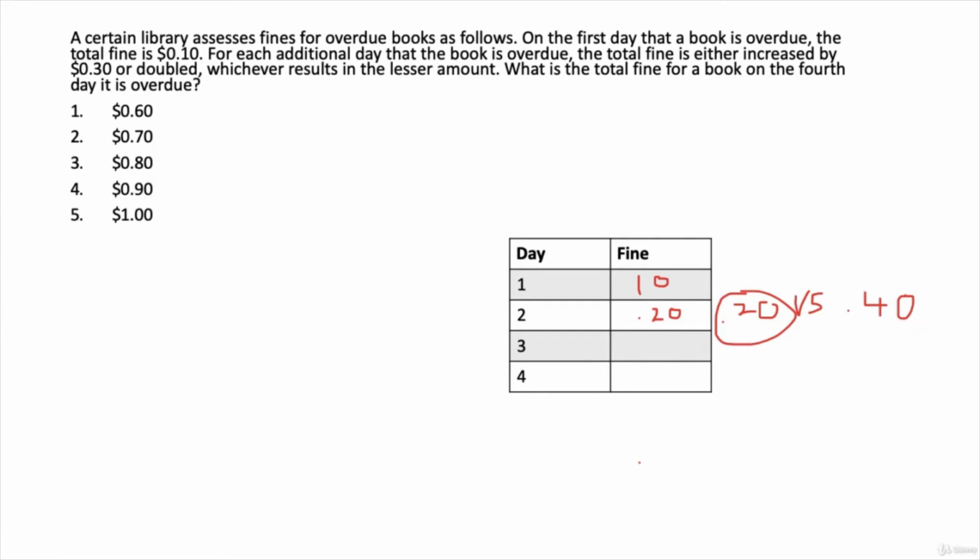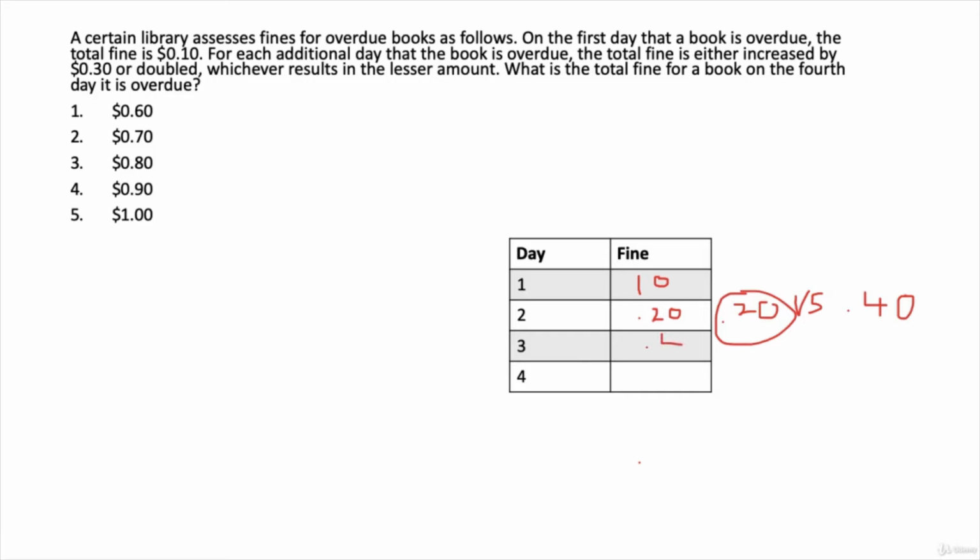Now, we have a condition that the total fine is either increased by 0.3 or doubled. If we increase 0.1 by 0.3, we get 0.4, or if we increase 0.1 and make it double, we get 0.2. Whichever results in the lesser amount is the fine. The comparison between 0.2 and 0.4 gives us fine as 0.2.